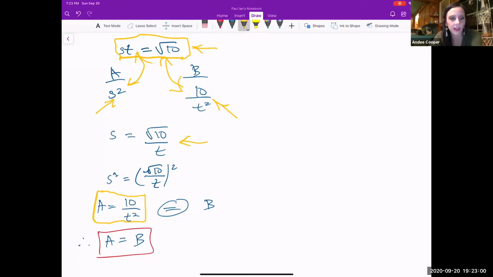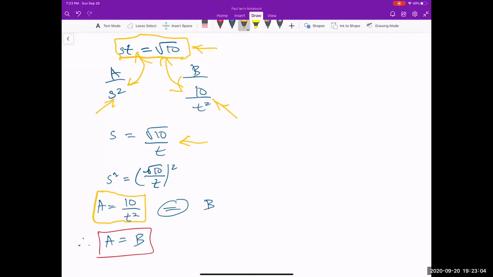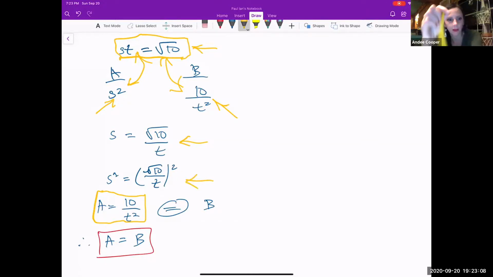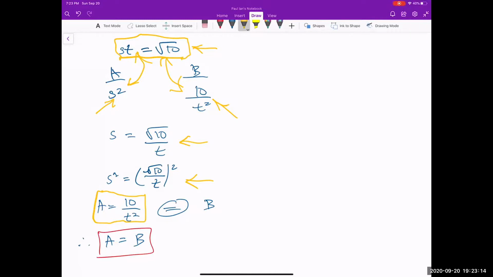I'm confused how, in this next step, you just went back and squared everything again? You went from S equals square root of 10 over T and squared it again. Oh, yeah. This equation is from the prompt.